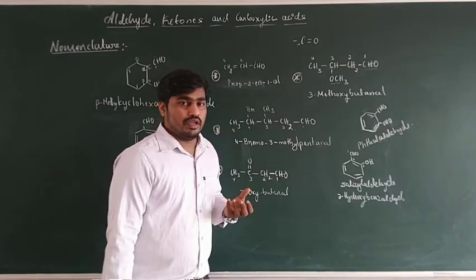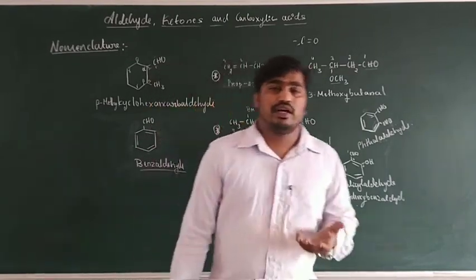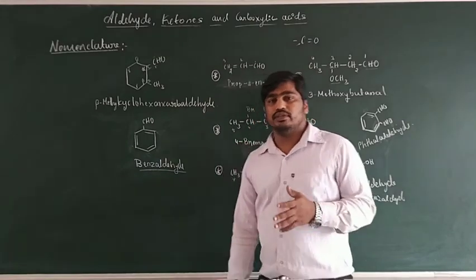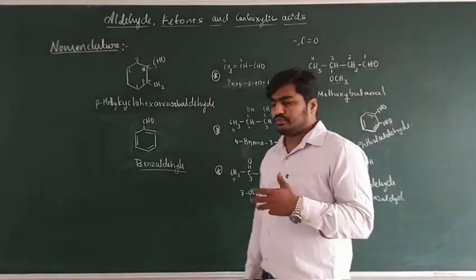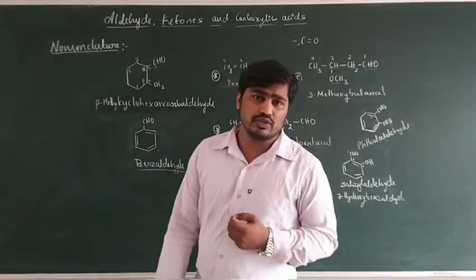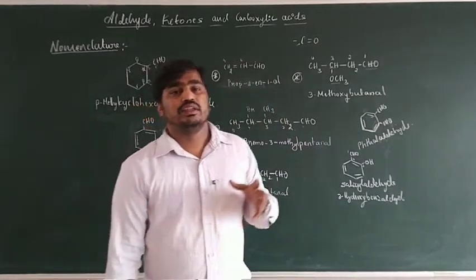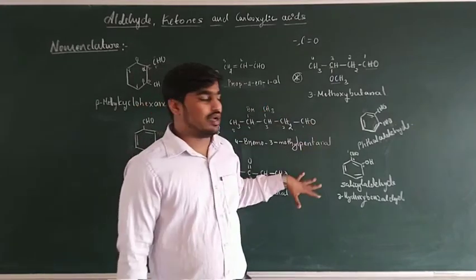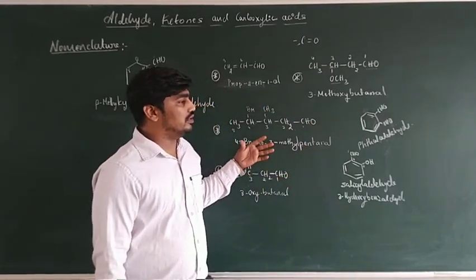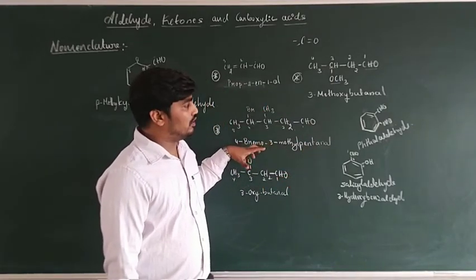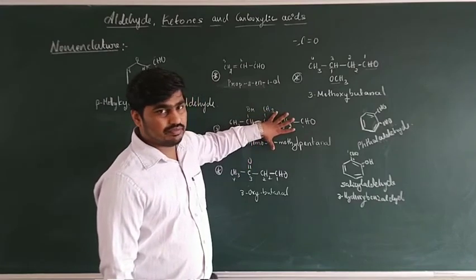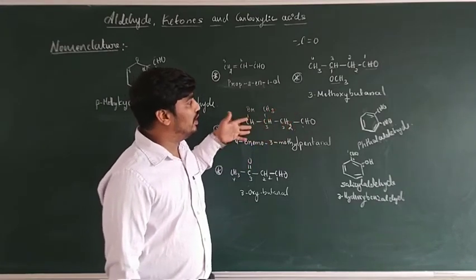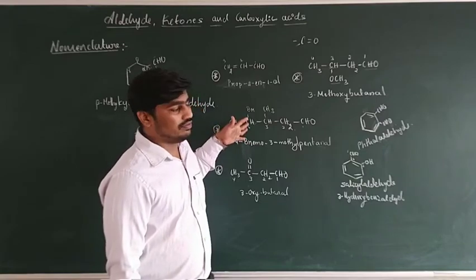We come across a lot of examples, and the internet is also the best source to collect different examples. I considered similar kinds of examples, and this much is enough to solve different kinds of IUPAC naming of aldehydes.